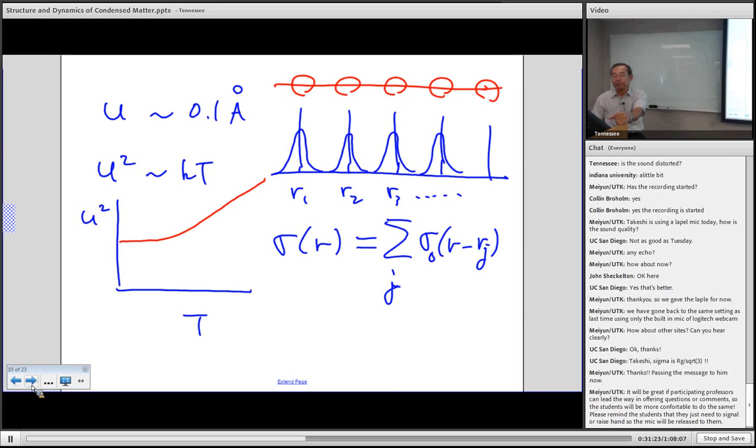Okay. And let's use again our rho 0 Gaussian function, and I omit the normalizer, e to the minus r square over 2u square. Okay? So you assume some kind of Gaussian distribution around this equilibrium position, and the amplitude is u square.